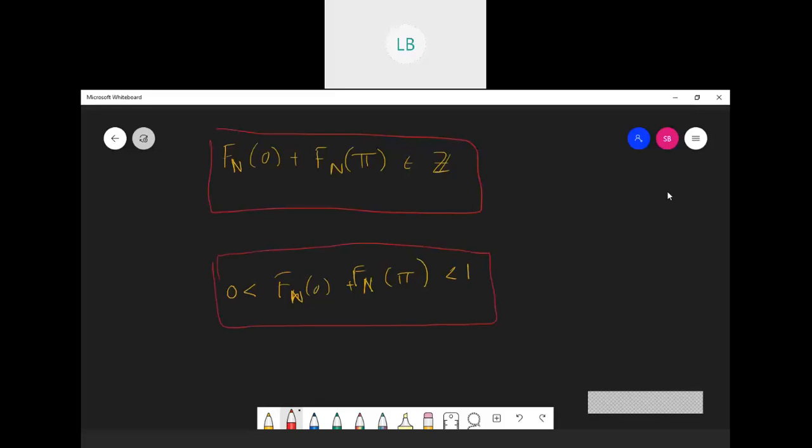But how can these two simultaneously hold? An integer can't lie between 0 and 1, right? So that is our contradiction. Sorry for this horrible handwriting, but if it is clear, then it is okay.